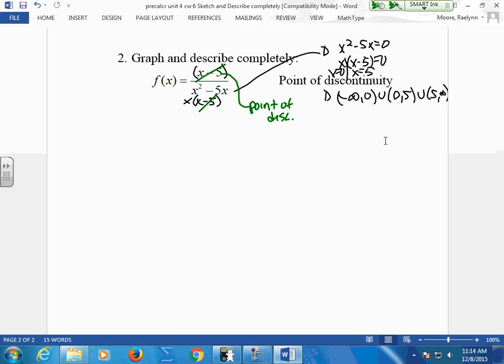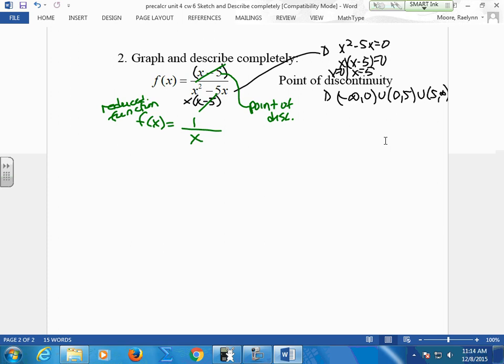Otherwise, you will forget to go back to it. So write the reduced format of this. What's left in my numerator? If I take out that factor, 1 over x. This is my reduced function.